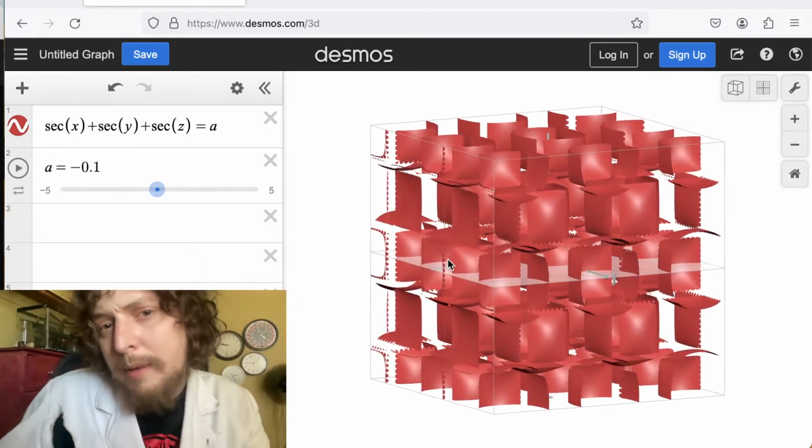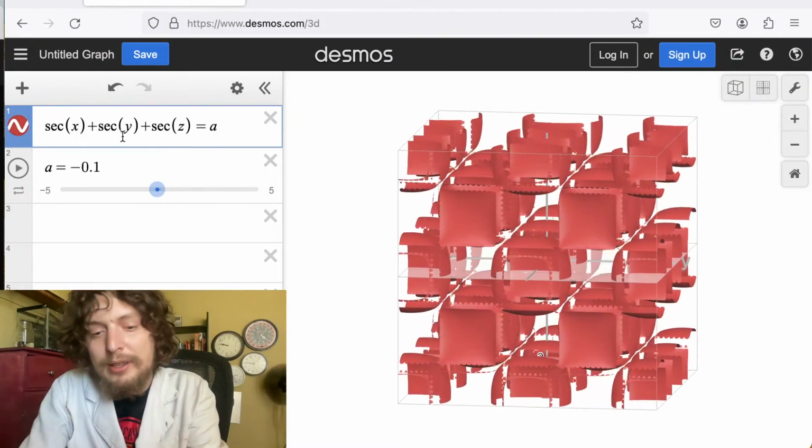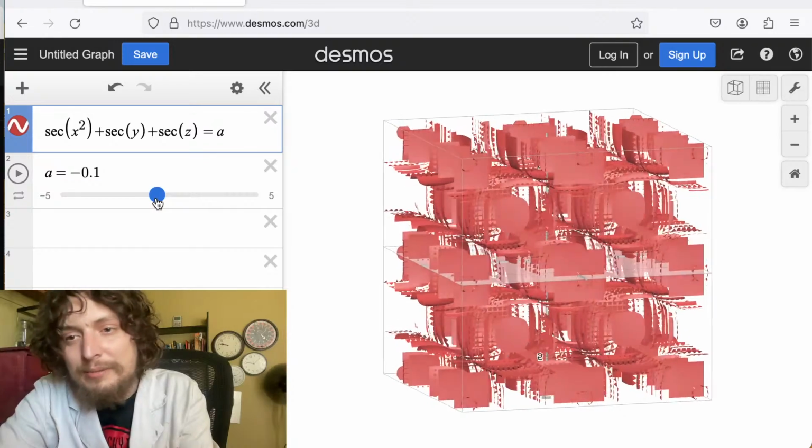So, what happens when we start messing around with these again, now that it looks so cool with the sequence? What if I square one of these?